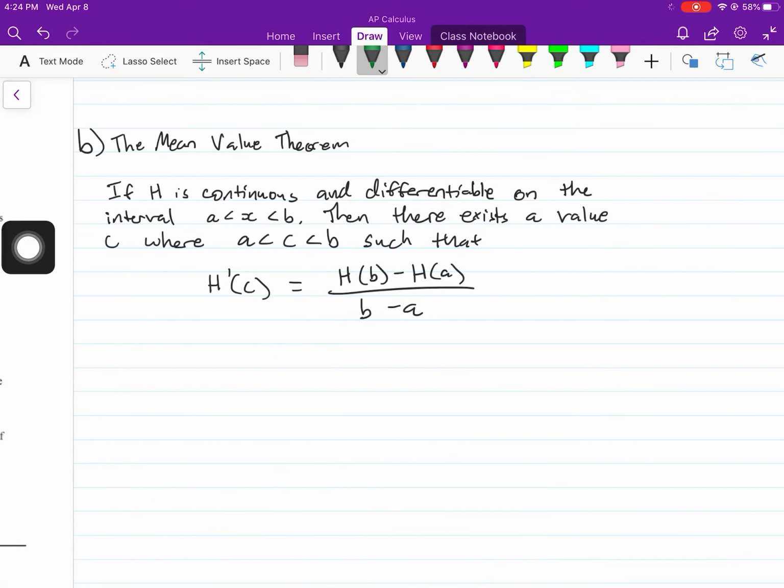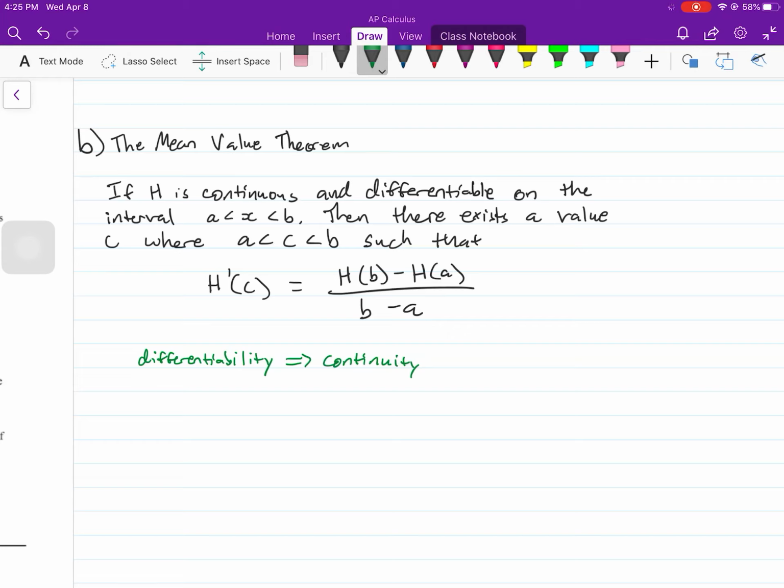And remember, differentiability implies continuity. Why is that? If something is differentiable, it's continuous, because it cannot be differentiable if it's not continuous, because discontinuities cause it to be not differentiable.